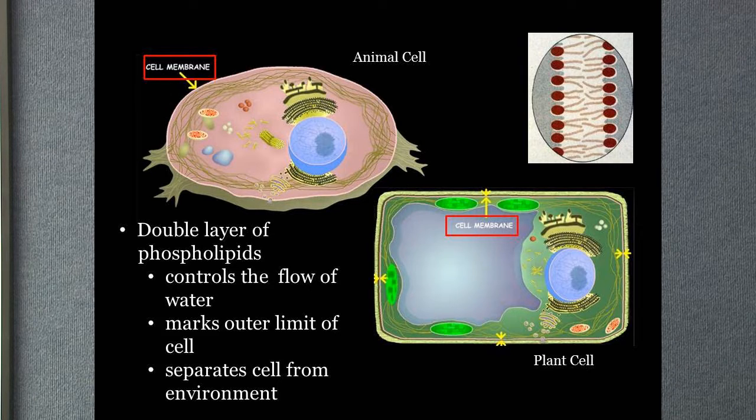And the cell membrane controls the water flow, controls what comes in and what goes out. It also marks the limit of the cell. So it defines the cell, and it keeps the cell out of its environment. So it's the gatekeeper between the cell and its environment.